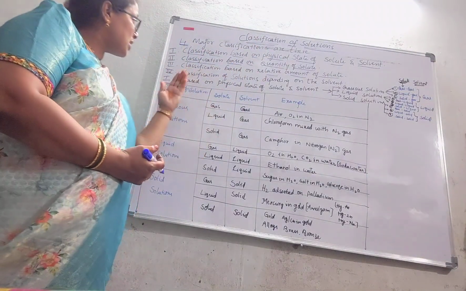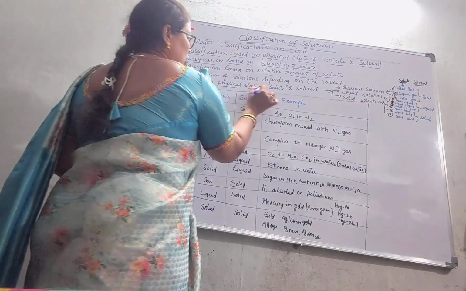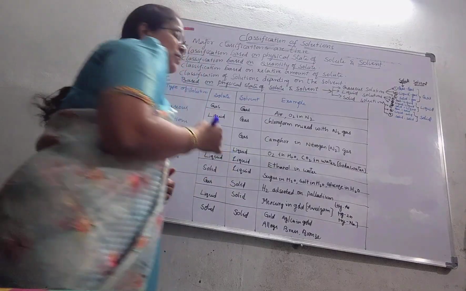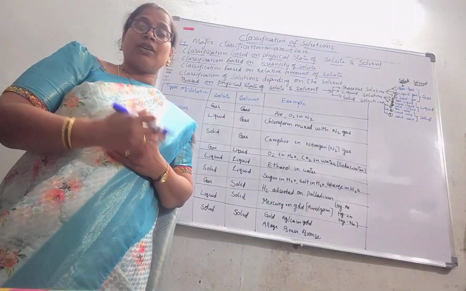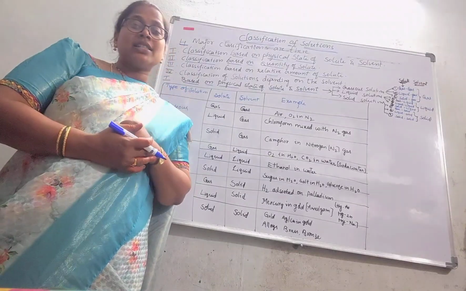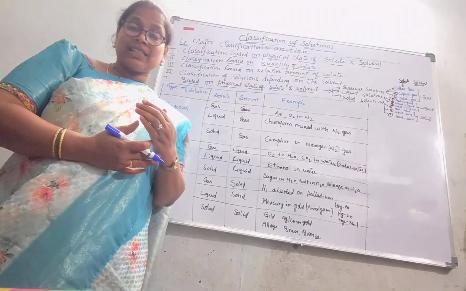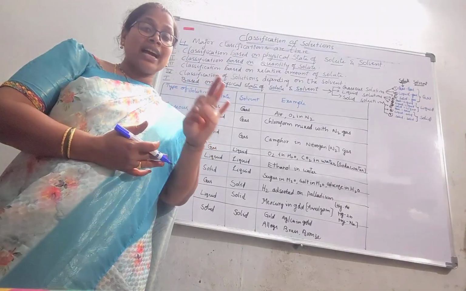Let us see the first classification, that is classification based on physical state of solute and solvent. Already we know that we have five states of matter, but matter exists mainly in three states: solids, liquids, and gaseous.